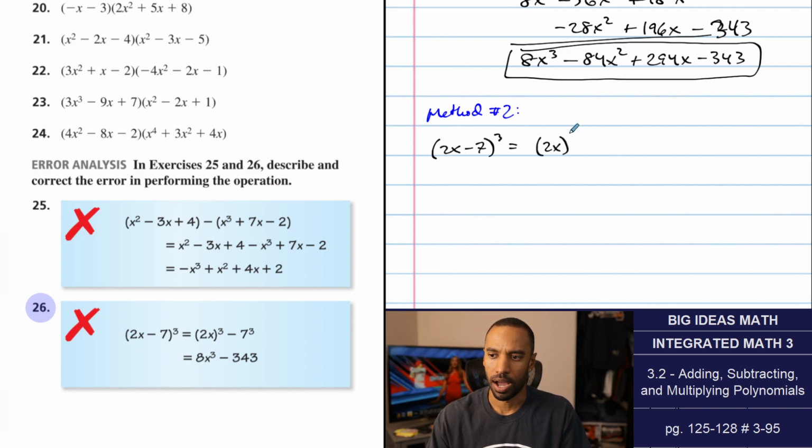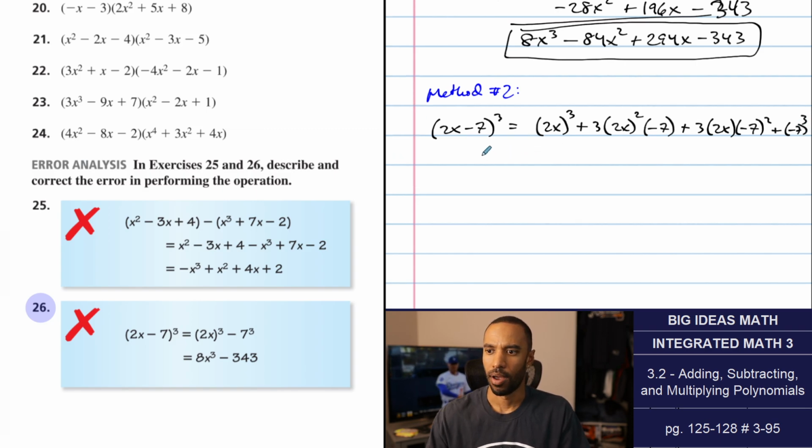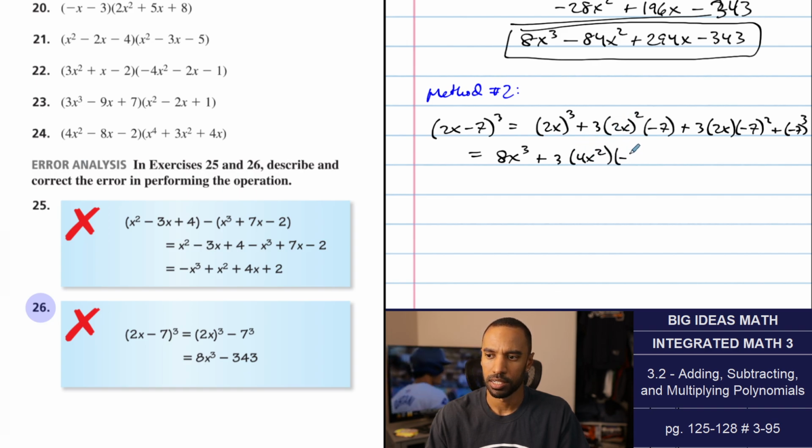You do 1 times 2x cubed times negative 7 to the 0 plus 3 times 2x squared times negative 7 to the first power plus 3 times 2x to the first power times negative 7 squared plus negative 7 cubed. All right, 2x quantity cubed is 8x cubed. 2 squared, here, I have to show more work on this one the first time you're seeing this, but this is 3 times 4x squared times negative 7.